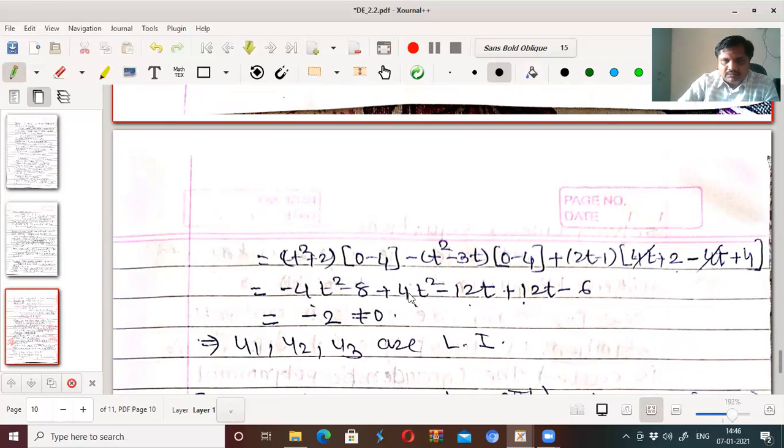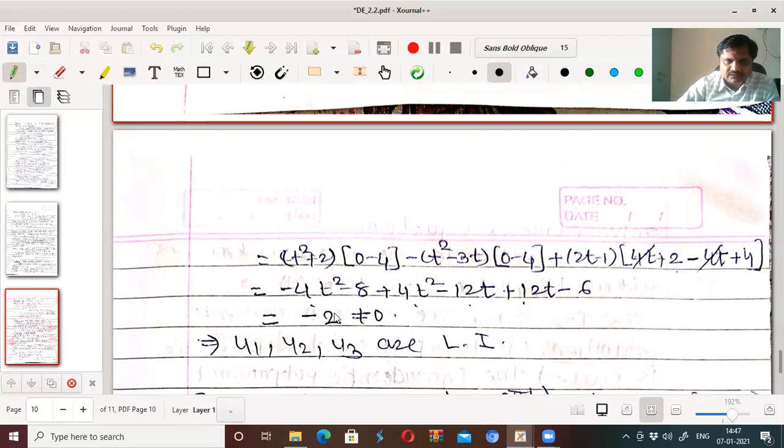Then minus 12t plus 12t vanish. So we only get minus 8 minus 6. What do you get? Minus 8 minus 6 is not minus 2.